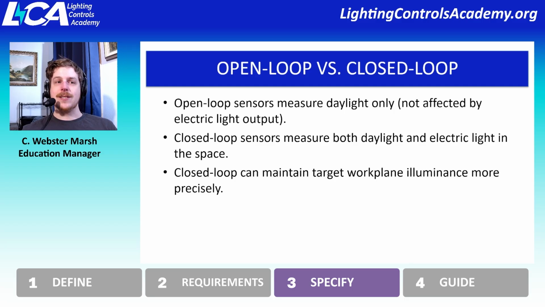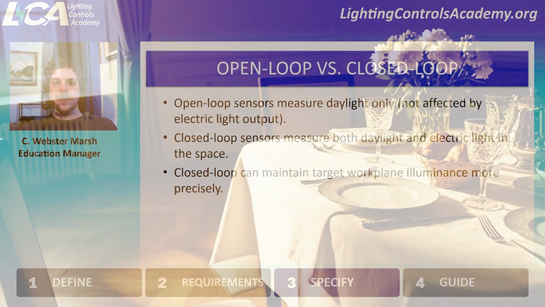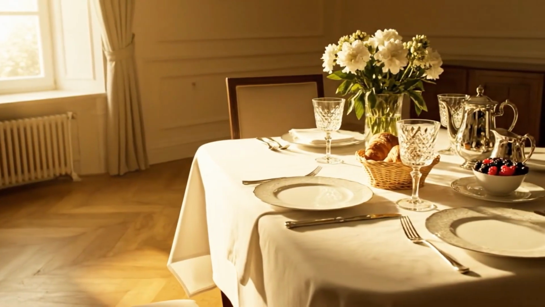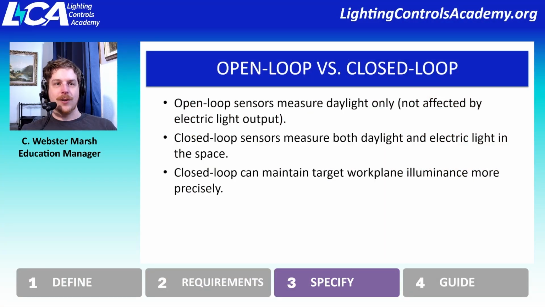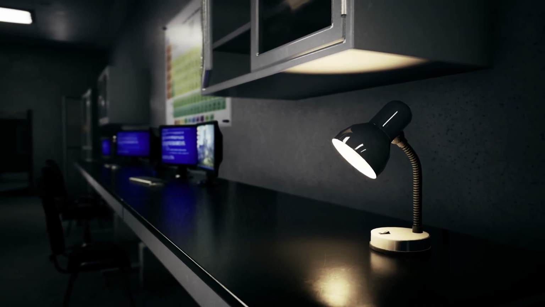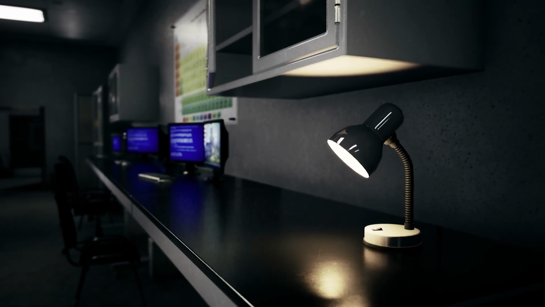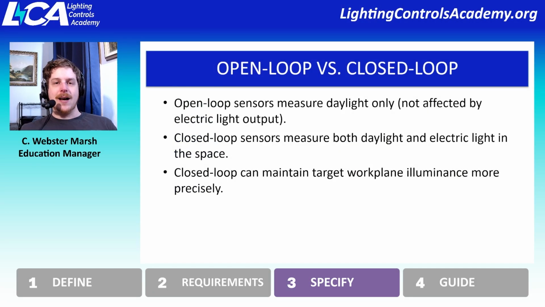So if, for instance, you have your sensor aimed at a bright white surface, that might actually show an artificially high level of light, whereas if it's a dark black surface, it might have an artificially low level and boost the electric lighting just because it thinks it needs to compensate for a loss in illuminance, because it's measuring reflected light. It's not actually measuring the light that's contributing in the space.